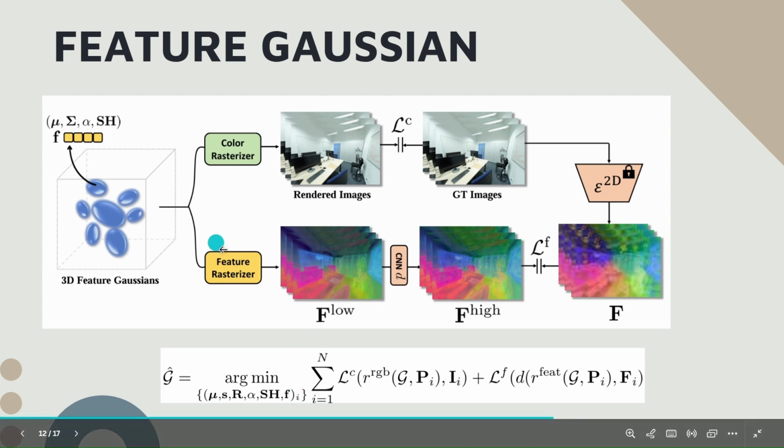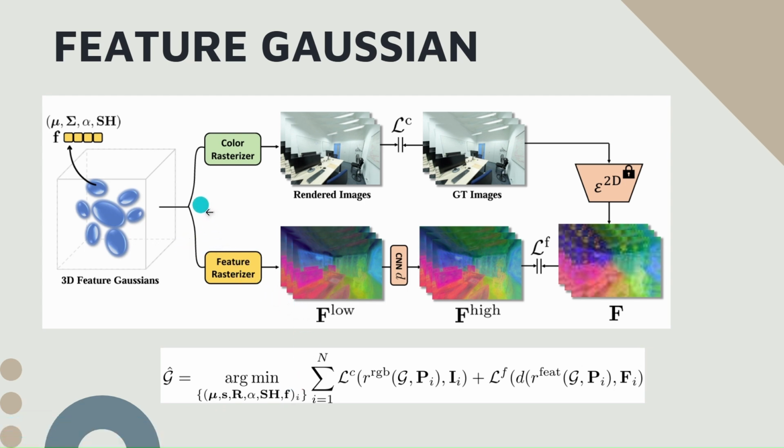We start with dual-branch rasterization. We render the Gaussian cloud into two parallel rasterization pipelines, each enforcing a distinct supervisory signal. First is color rasterization. We perform differentiable volumetric compositing, accumulating opacity-weighted colors along each camera ray through the Gaussians.